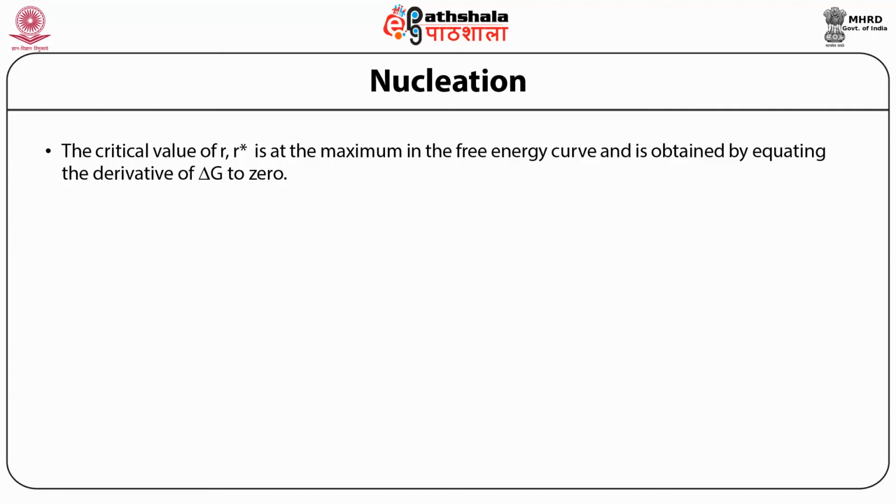So the equation becomes del delta G by del r is equal to 4 pi r squared times delta G_V plus 8 pi r sigma. At r equal to r', del delta G by del r is equal to 0, which in turn gives r' equal to minus 2 sigma divided by delta G_V.